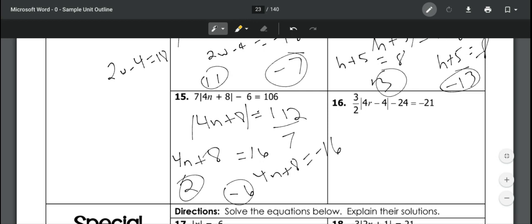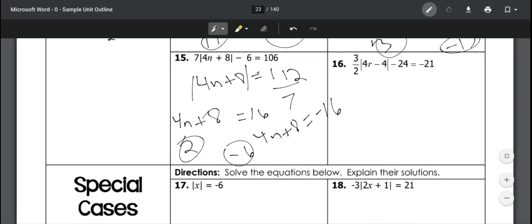Number 16. On this one, we are going to add 24 first. And so that is going to give us a positive 3. I'm going to write this over further. That's going to give us a positive 3 over here. And I'm going to bring this down here.